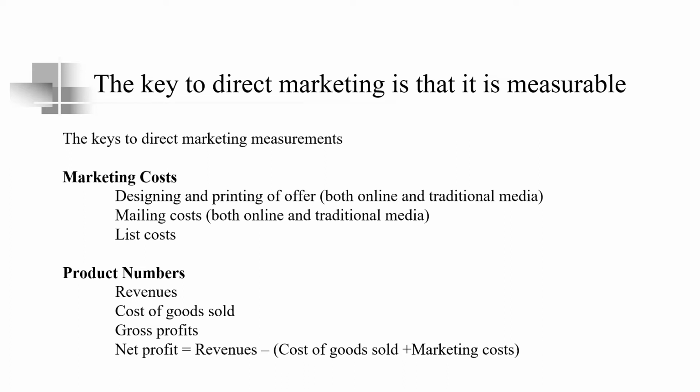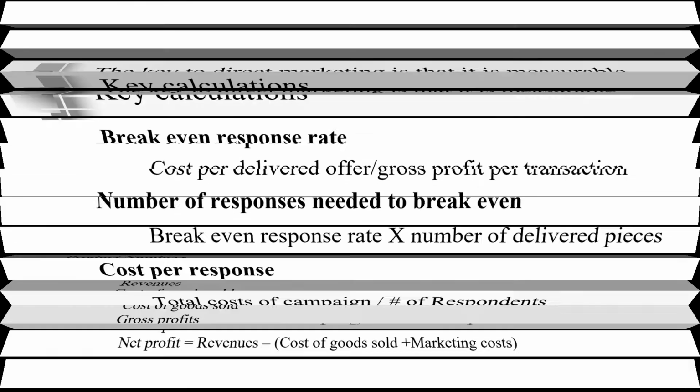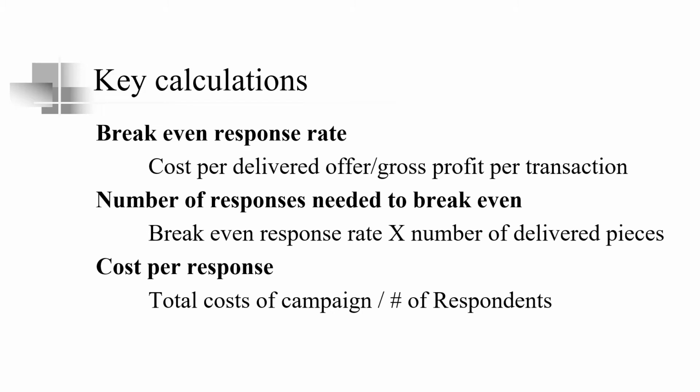Remember, we had an example early on about the Oldsmobile automobiles and how the profits from each individual purchase were so high that the response rates didn't have to be very high to be profitable.